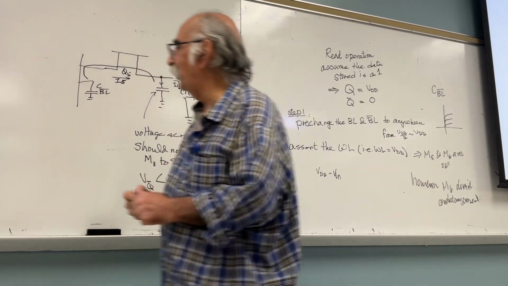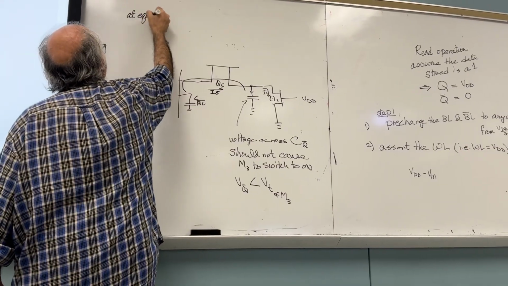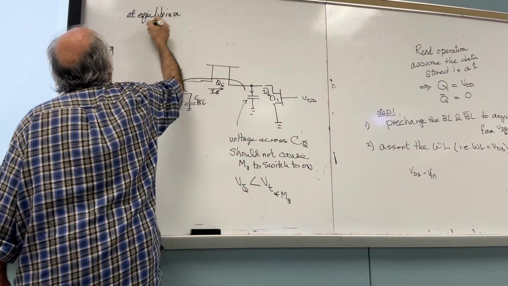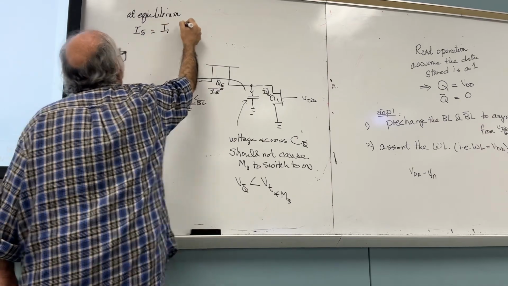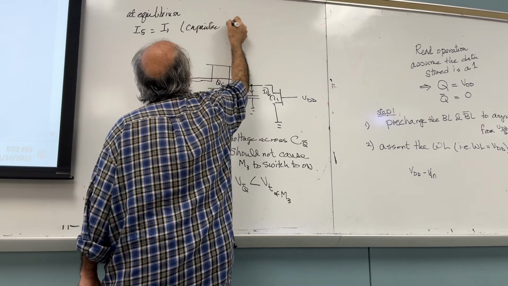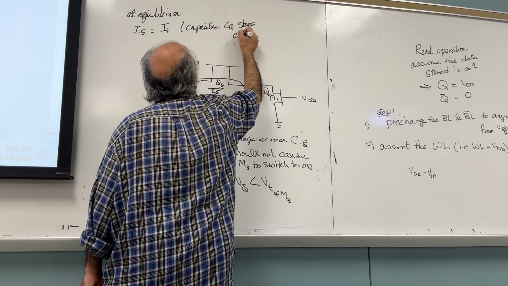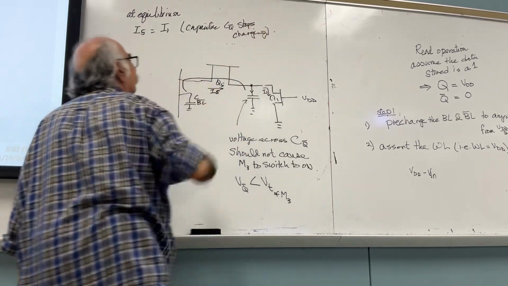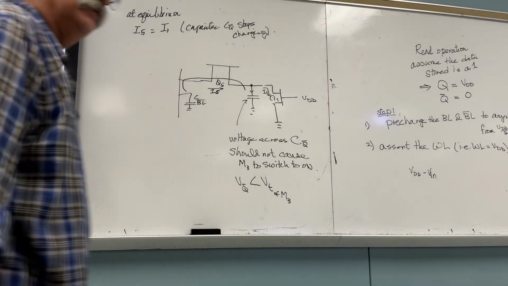So at equilibrium, I5 is equal to what? I1. Capacitor CQ bar stops what? Charging. Clear? Okay.